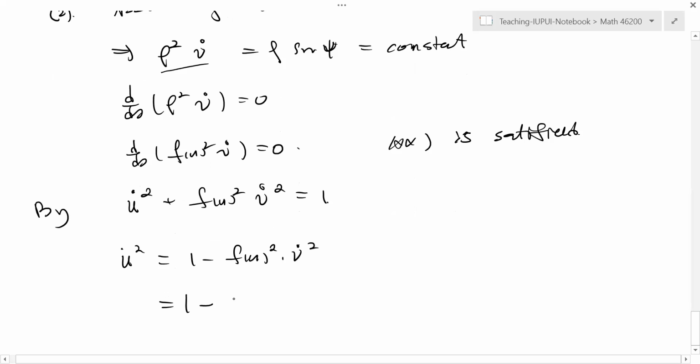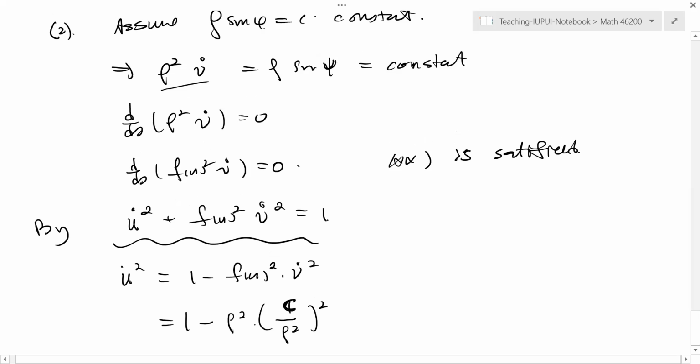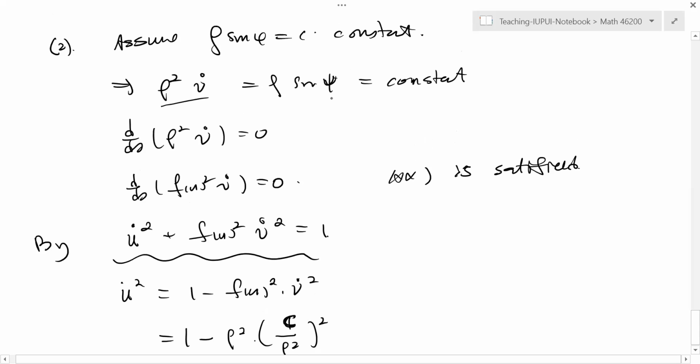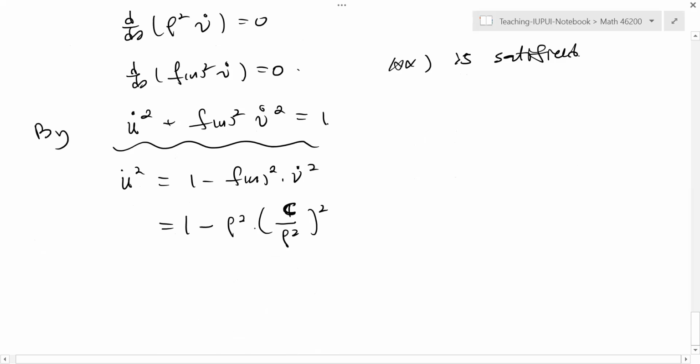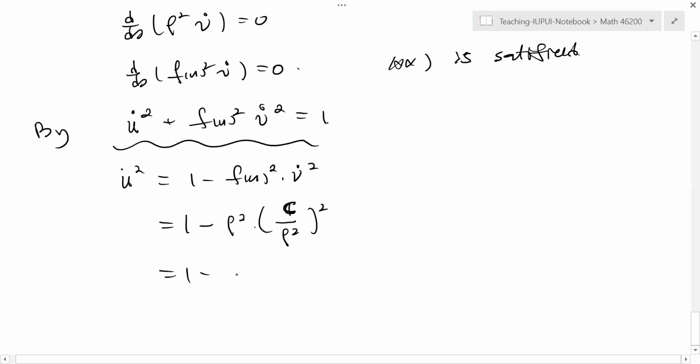We have this identity, so it's going to be rho square, and v dot is going to be with this assumption, the constant c over rho square. So we get 1 minus c square over rho square.